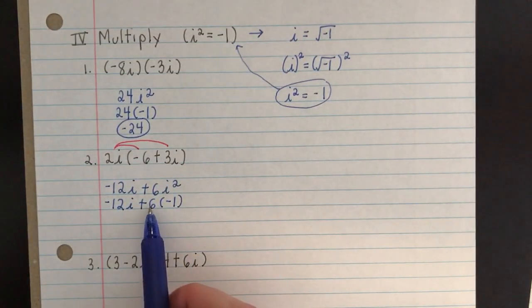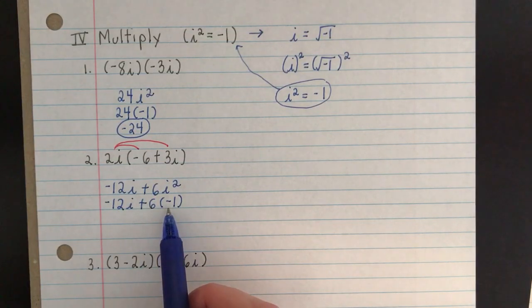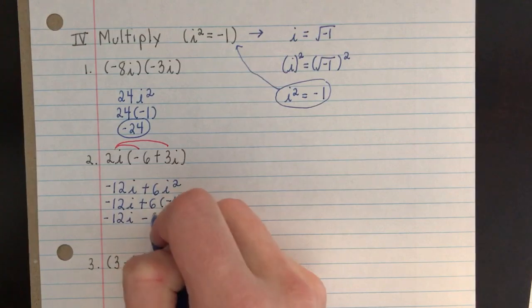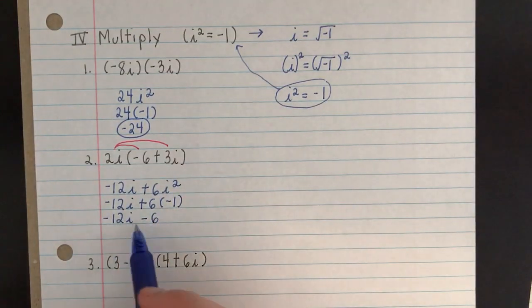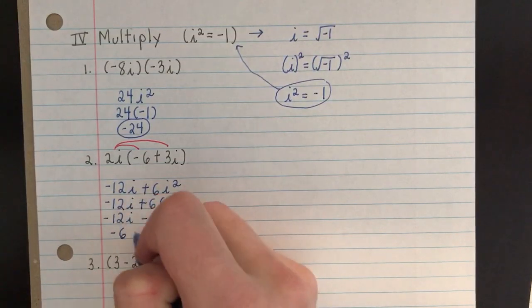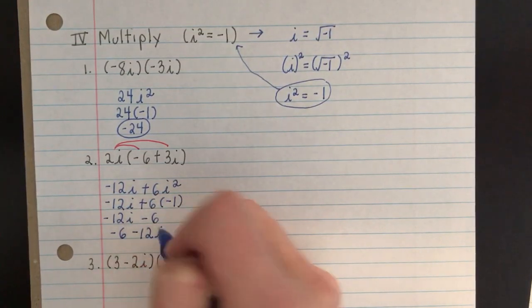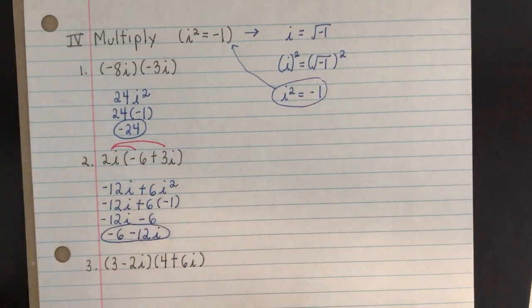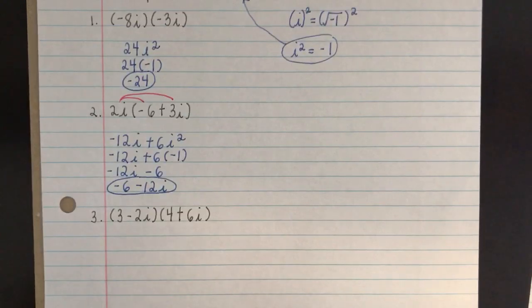So when you multiply 6 times -1, that would be -6. The only thing wrong with this is that it's not in the correct order. Remember, the real number has to go first, and then the imaginary part second. So just flip-flop their order. Nothing's jumping over an equal sign, so the signs stay the same. All right, how cool is this?